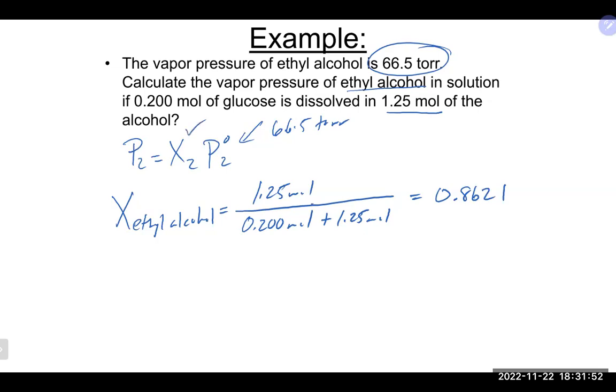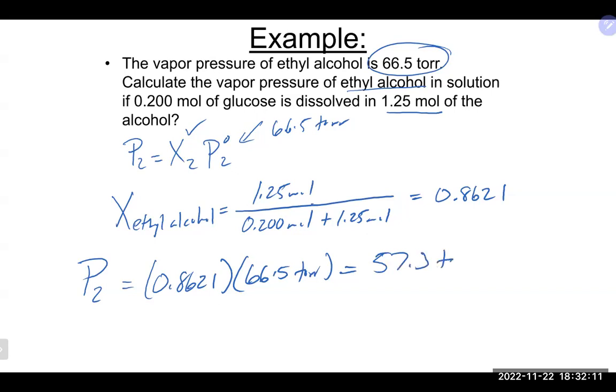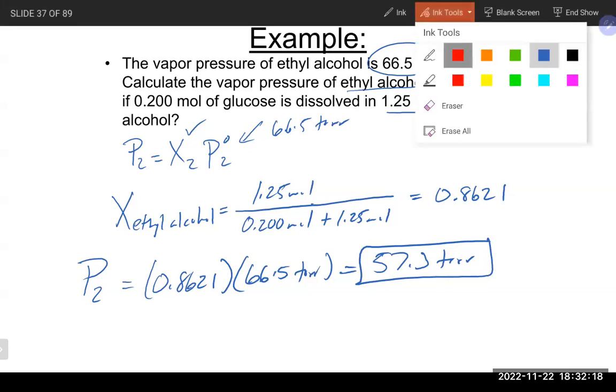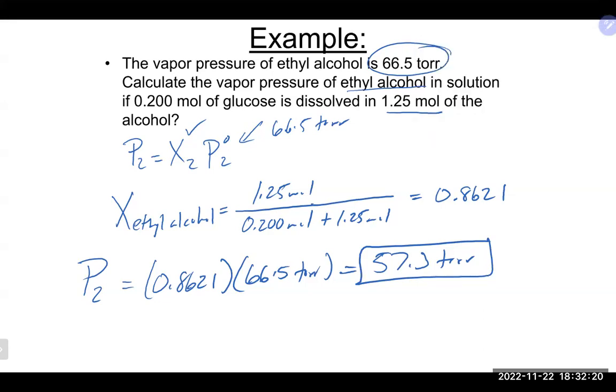And that would be our mole fraction. So our vapor pressure here would be 0.8621 times 66.5 torr, which gets us about 57.3 torr.